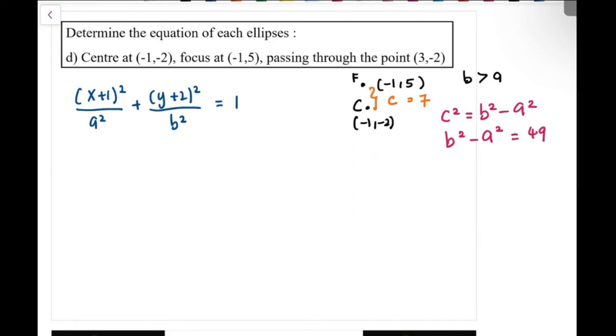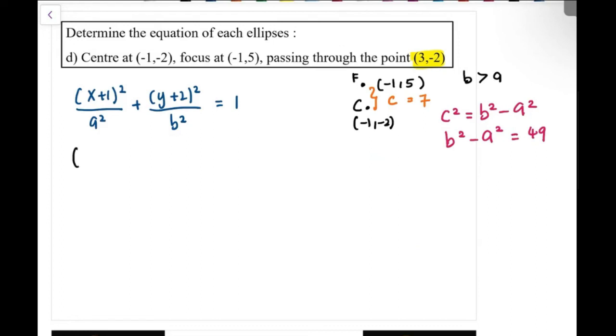Okay, given a point on an ellipse, we can substitute this point into x and y of our ellipse. Kita gantikan kat tempat x dengan y dalam ellipse tu.